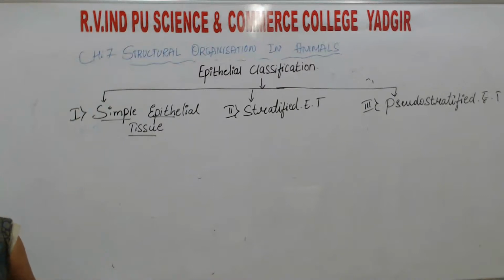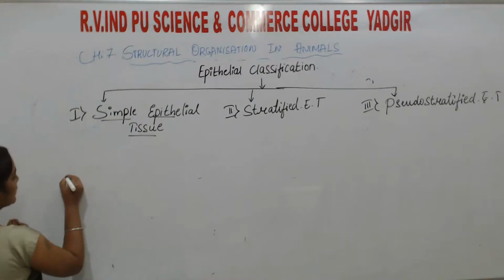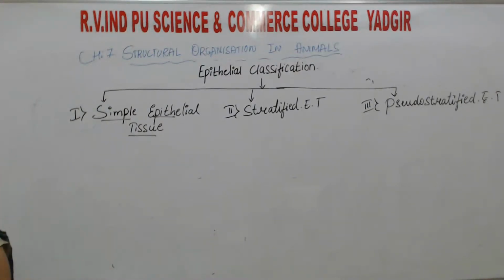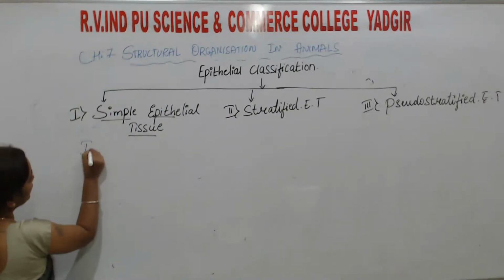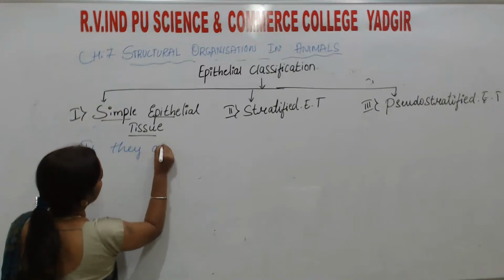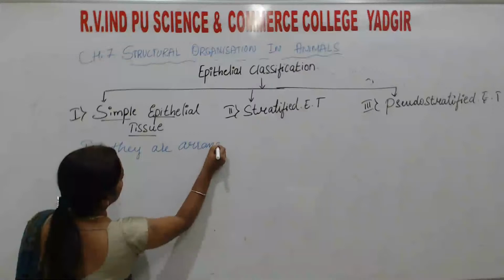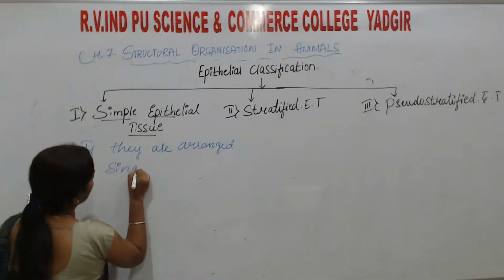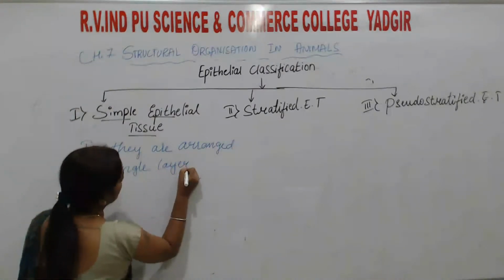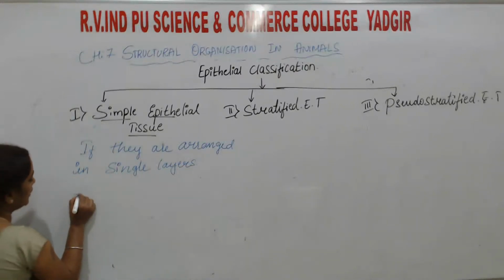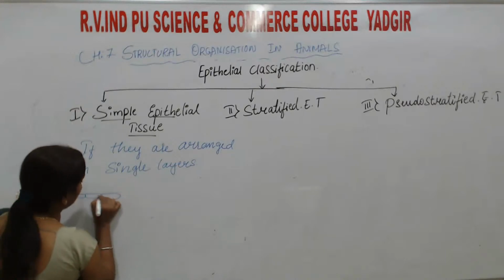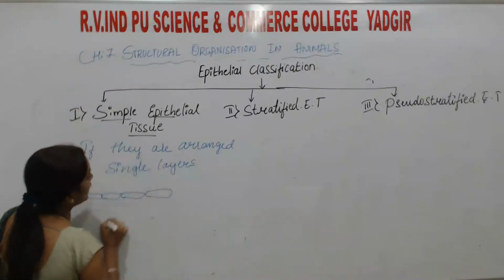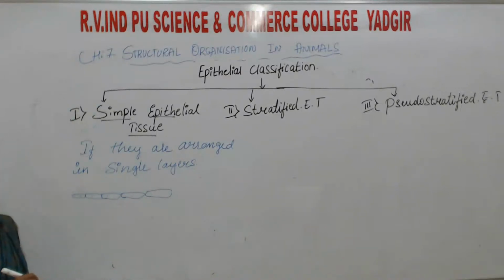Simple epithelial tissue means if these epithelial cells are arranged in a single layer, then it is considered to be a simple epithelial tissue.